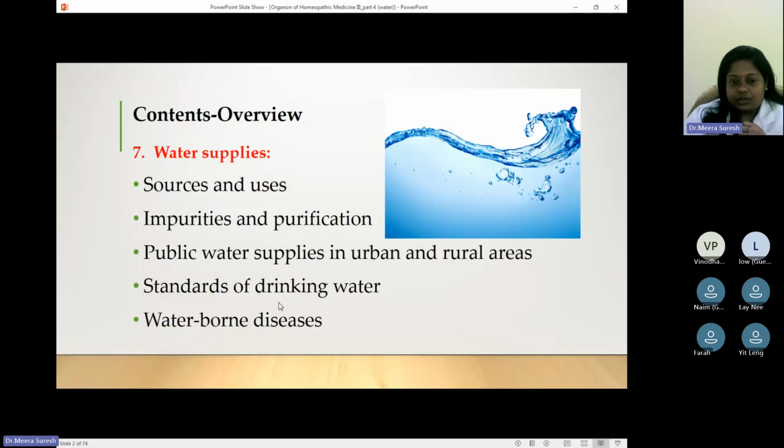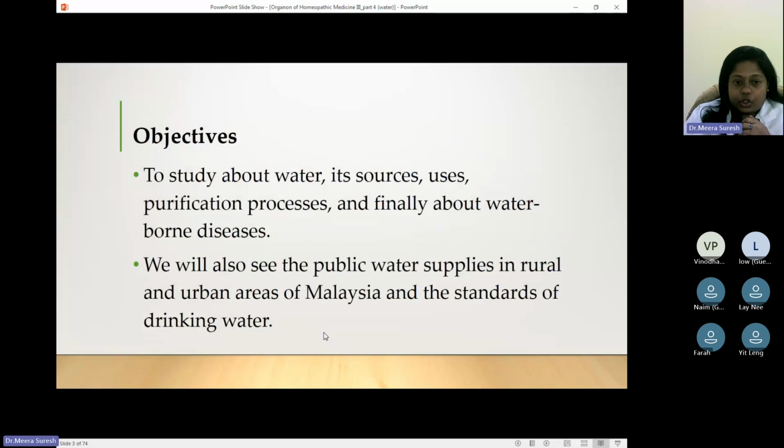We have to study water because many diseases are waterborne, so we'll also have a glance at waterborne diseases. The objectives are to study all these water sources, their purification, waterborne disease, and the water supply in rural and urban states of Malaysia.